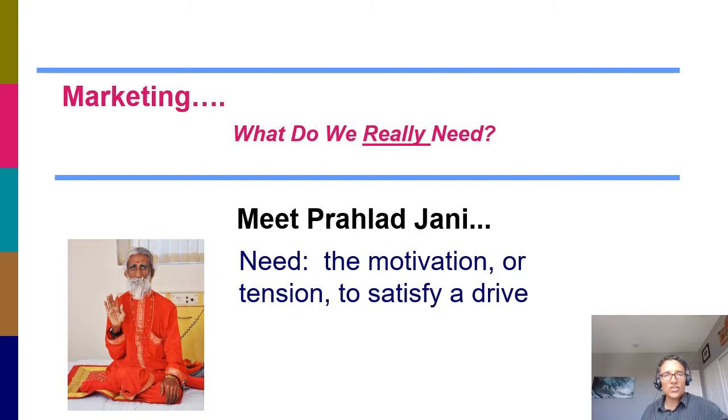So I put this slide and this picture in here because it really challenges us to think about what do we actually need. And I pose that question to you because that is really what marketing is about, is understanding what do people need, how can we fill an unmet need that our target audience has and get them to buy a product that's going to satisfy that need and we can make a profit.